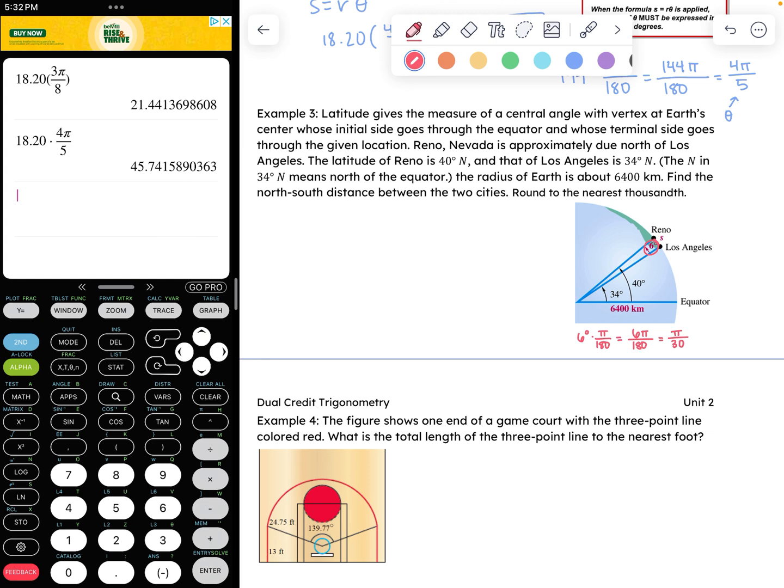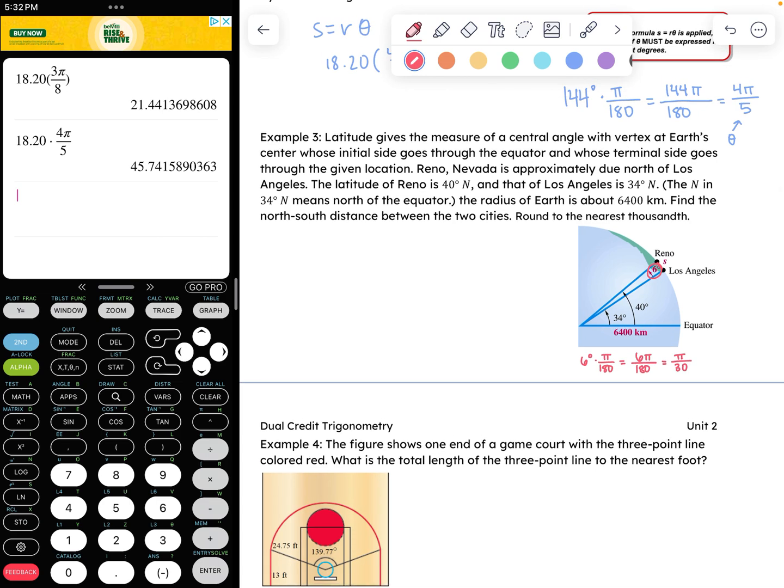If I were to take pi over 30 and plug it into my calculator and round it too early, I'm going to get an answer that is not correct. So you want to keep things as exact as possible. Keep it as a fraction for as long as possible and plug it into your calculator at the very last second so that you're not off because you rounded too early.